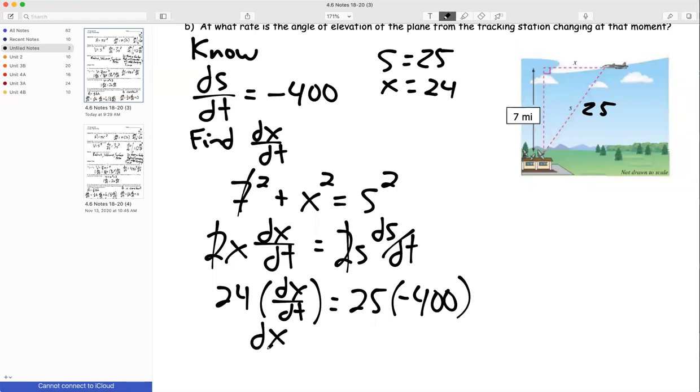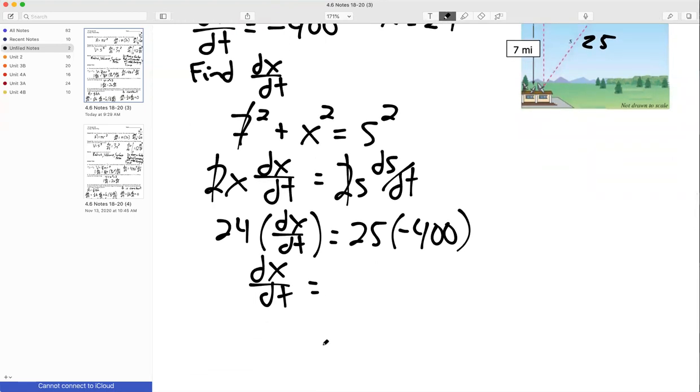So solving for dx dt, go ahead and take your little calculator and work that out, please. And what do we get?